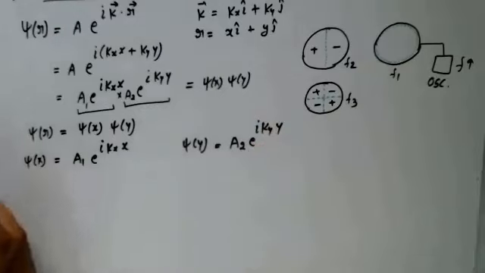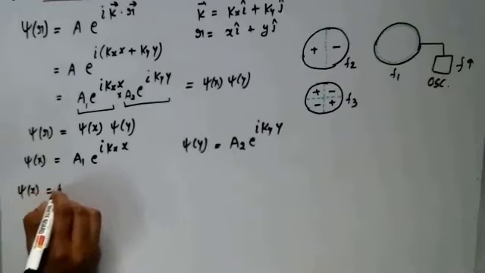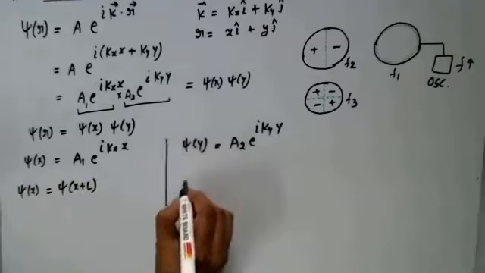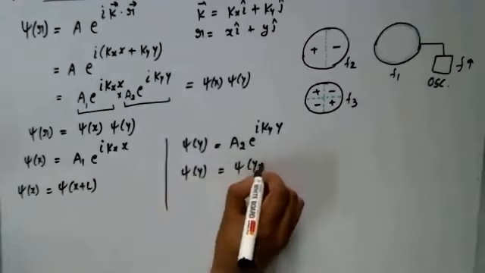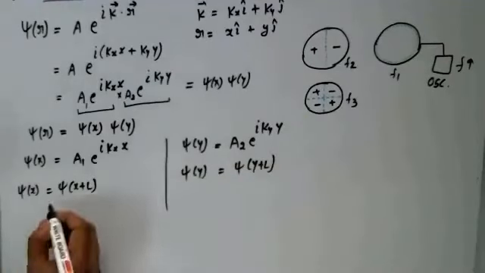Now periodicity दोनों में है, तो जैसे हमने सॉल्व किया था, psi x equal to psi x plus l, and similarly psi y will be equal to psi y plus l. Now you can solve this equation.